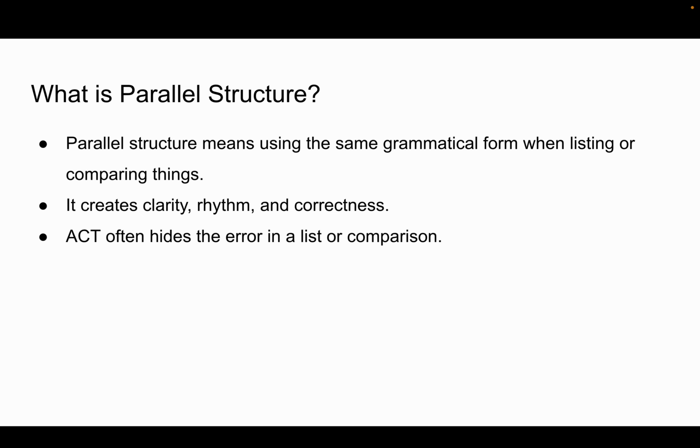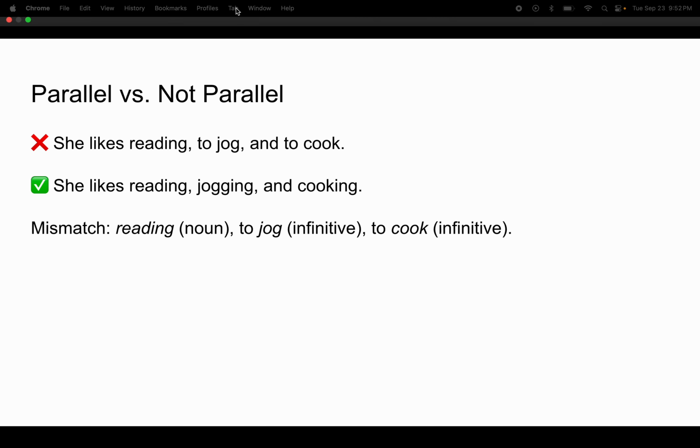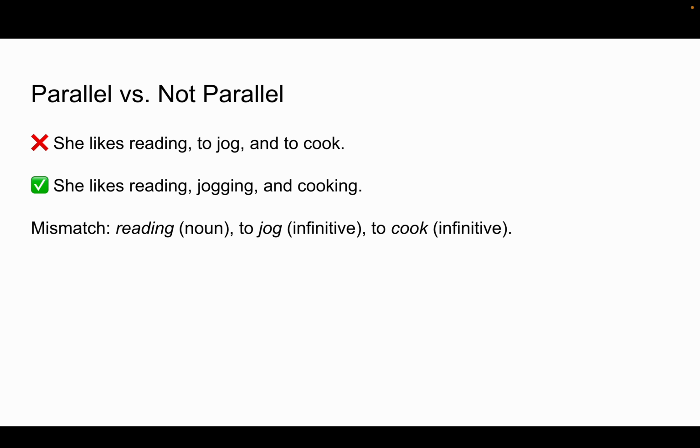And so let's look at a quick example here to just get a sense of what this parallel construction is. So in this sentence here, you'll see that the first one that is crossed out says, she likes reading, to jog, and to cook. So clearly you can see that the verb forms that are being used here are not the same. So reading is present continuous.